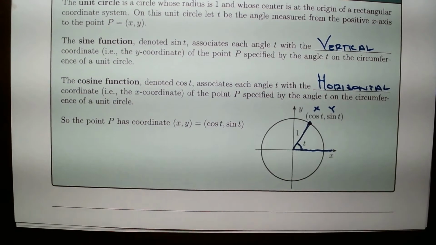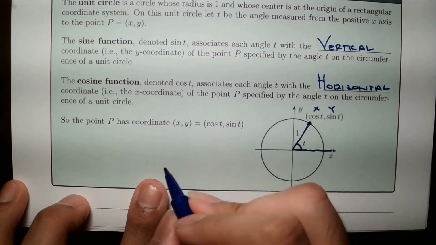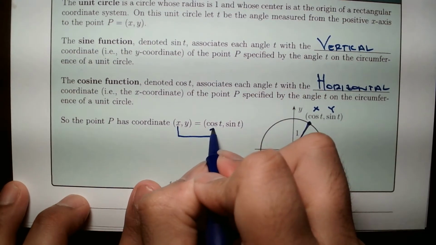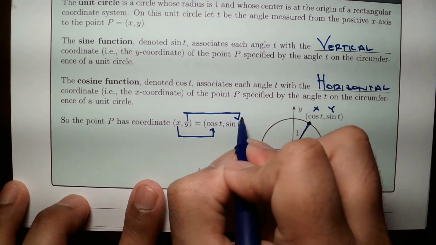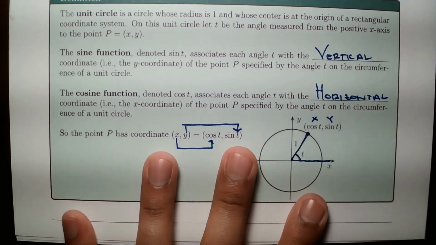So we are going to relate x with cosine and y with sine, so that when we read the unit circle and its values, that's how we're going to read it.